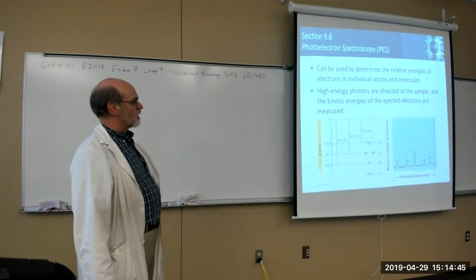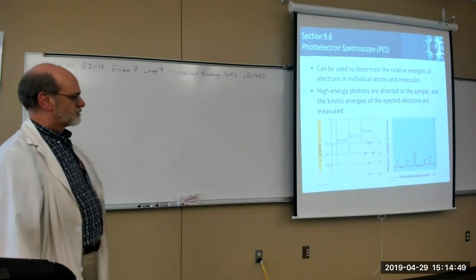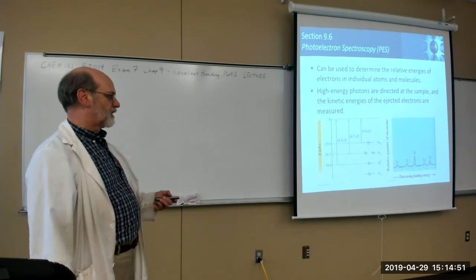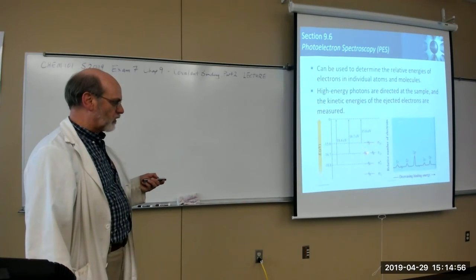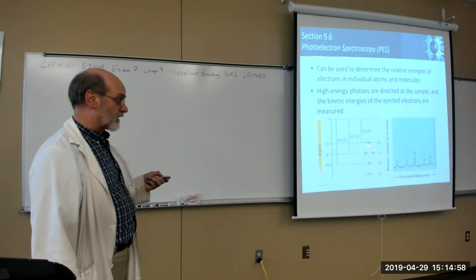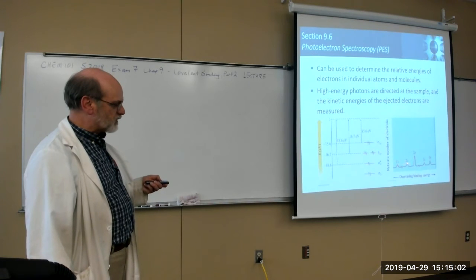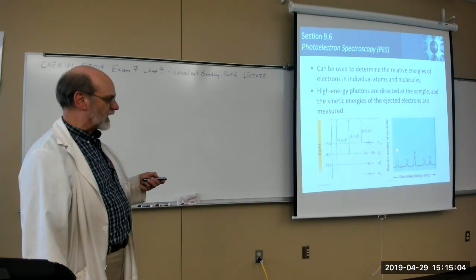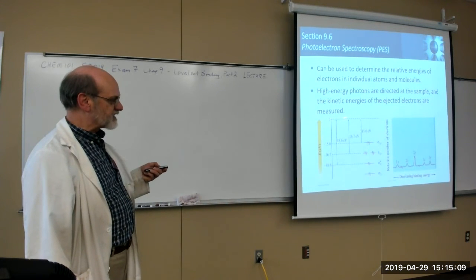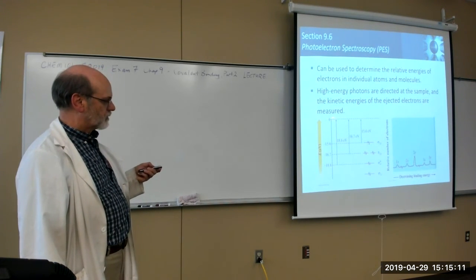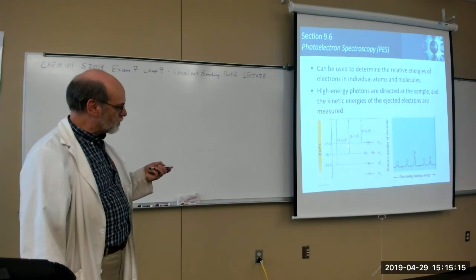The photoelectron spectroscopy is a method by which we can actually measure the energies of these molecular orbitals. Right? So we get a spectrum here, and each one of these peaks is associated with an electron transfer between the infinity, which is 0, ionized, and the return to each of the molecular orbitals.